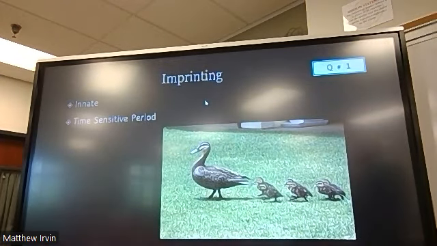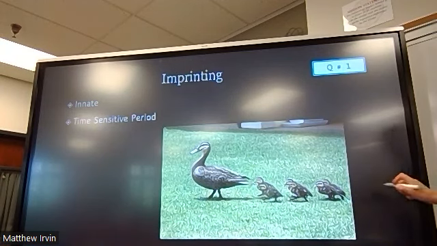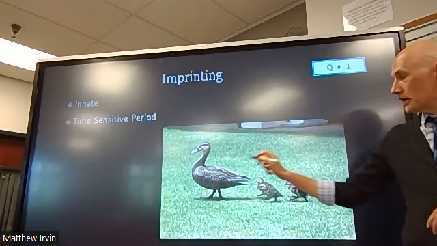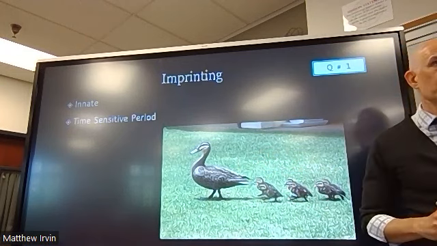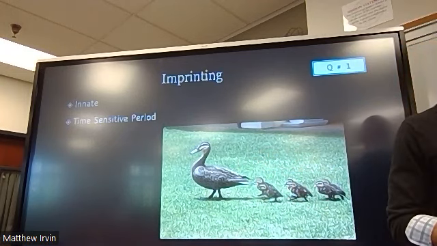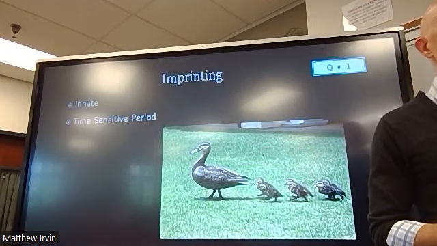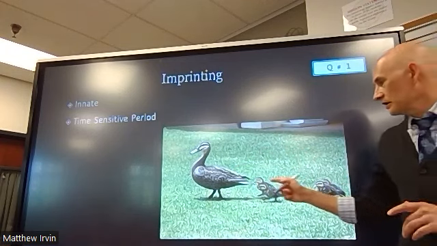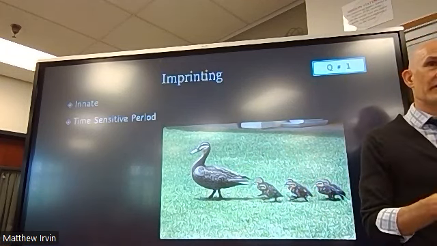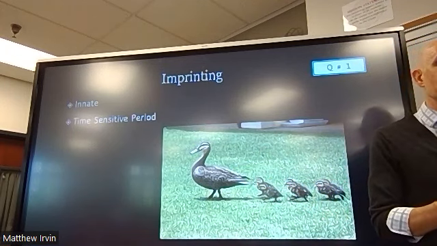Other things, we have imprinting, again, another innate behavior. So that is when young birds will fixate and bond to hopefully its parent. And then this increases survival because the babies are following the parent who's going to lead them to food and away from danger.